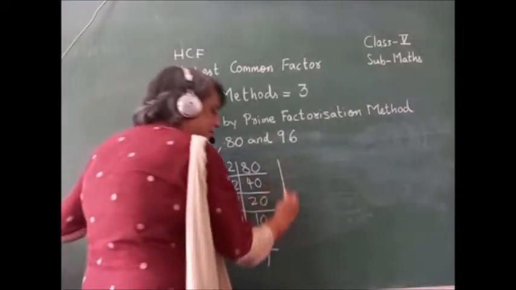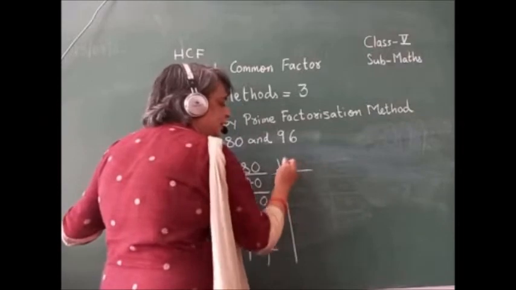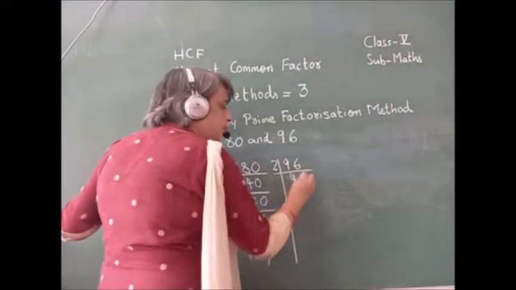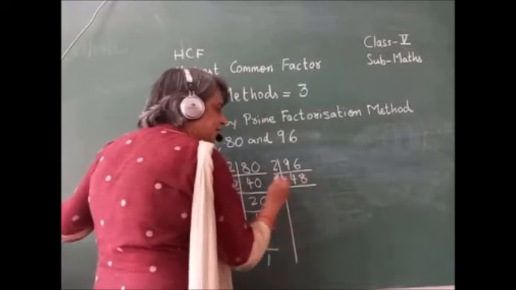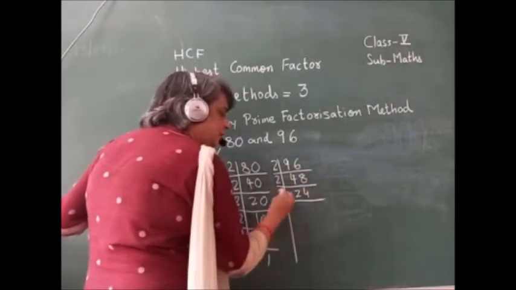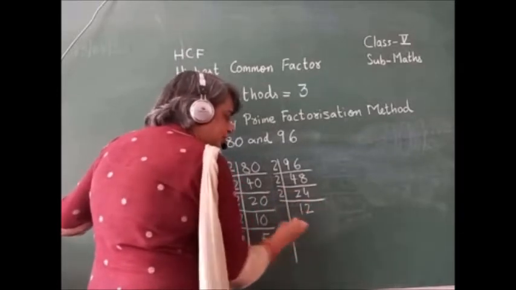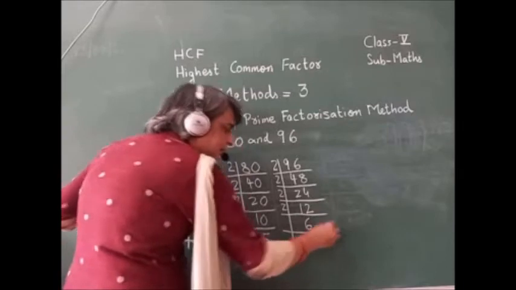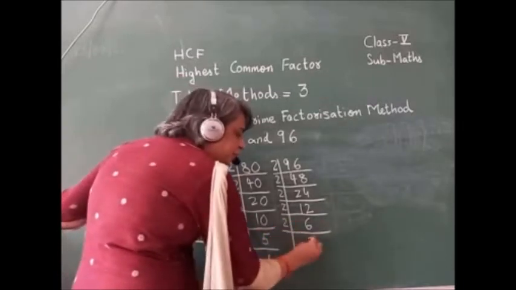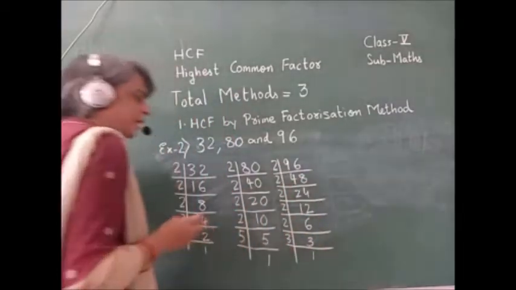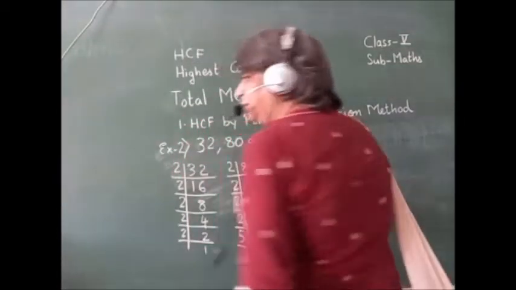Now your another number, that is 96. 2 forty-eights are 96, again 2 twenty-fours are 48, 2 twelves are 24, 2 sixes are 12, 2 threes are 6, and here comes 3 ones. Now you are going to write all these numbers together.